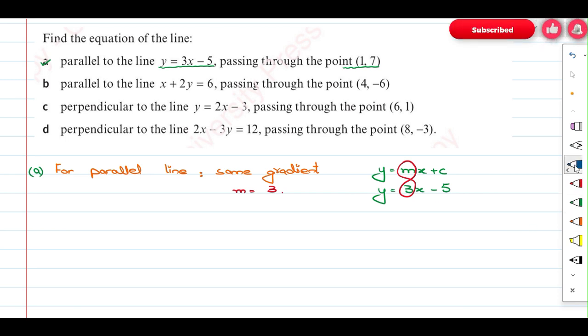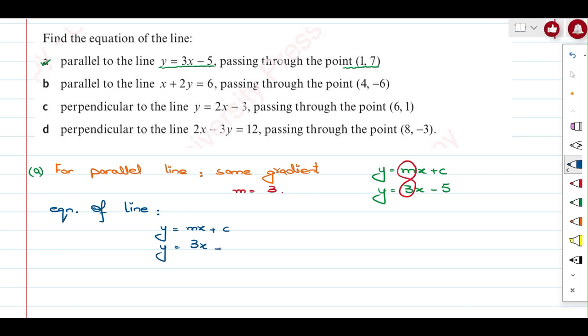Okay. Now for the parallel line, we get the gradient. Now the equation of the line which is parallel to this given line is y equals mx plus c. Now we have y equals, with the m value of 3, 3x plus c.